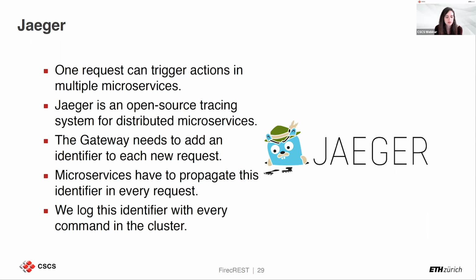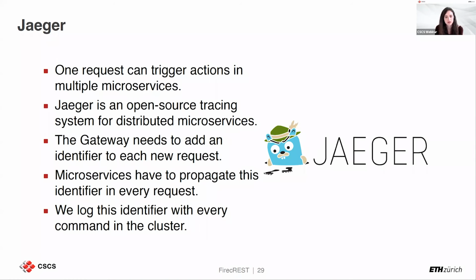And then it becomes very complicated to track the problems. You will see an example afterwards, but maybe the user has done a request into the storage microservice and is getting an error, but the error might be coming from some secondary request in the task microservice or somewhere else.